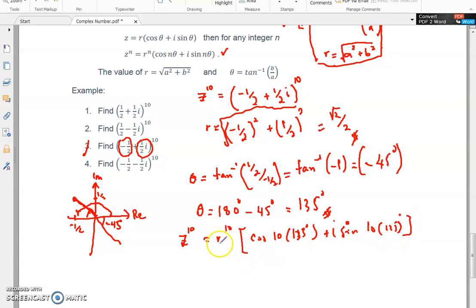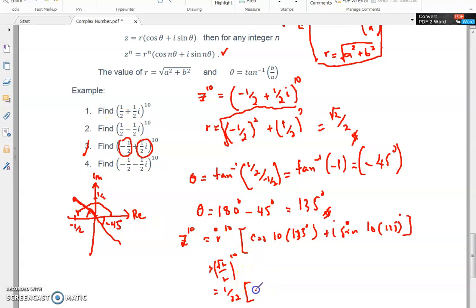You can start to calculate now. The value of r is square root 2 over 2 to the power of 10. If you press your calculator, you get 1 over 32. Cos of 1350 degrees, if you calculate it, you get 0.